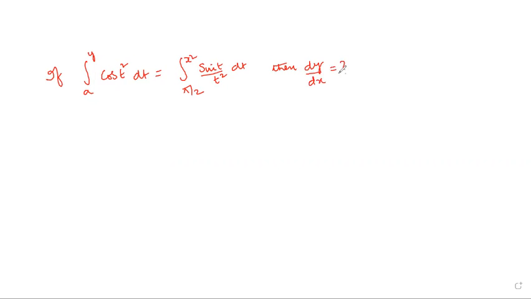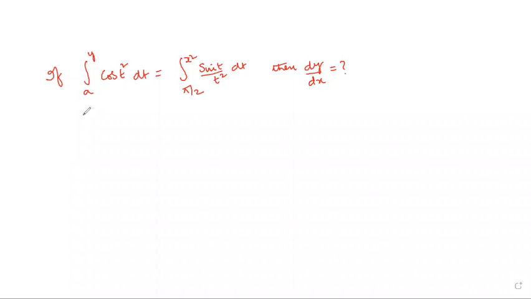So everyone see, here what we are going to use: first, we can apply the derivative, and immediately the integration will be cancelled, because derivative and integration are opposite to each other.